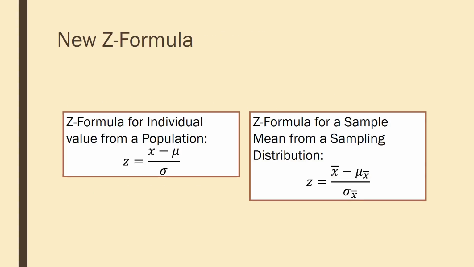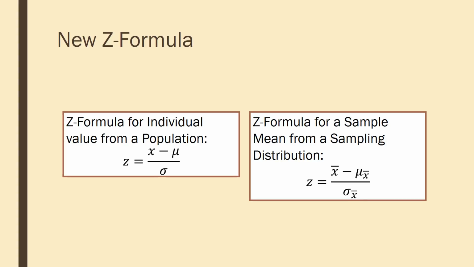So we're going to have a slightly different z formula. Our old one that we were using for individual values from a population would be z equals x minus the population mean, divided by the standard deviation. Now we're going to use it slightly differently when we find probabilities for a sample mean.